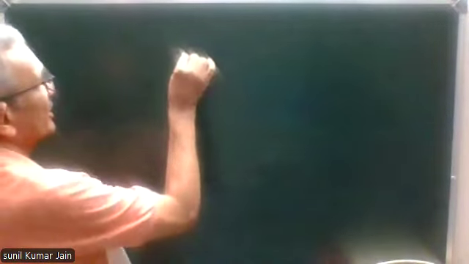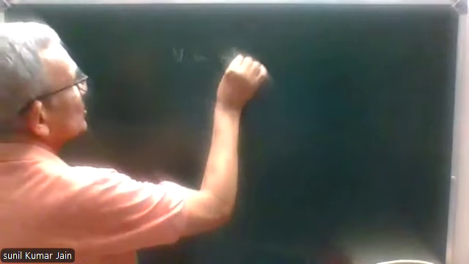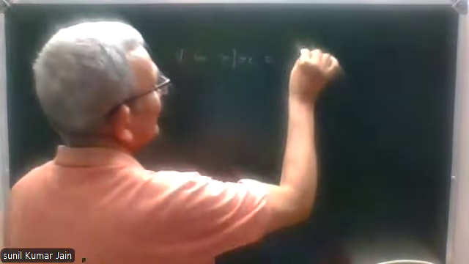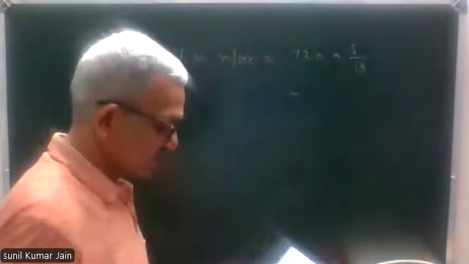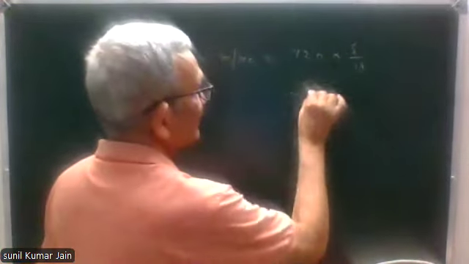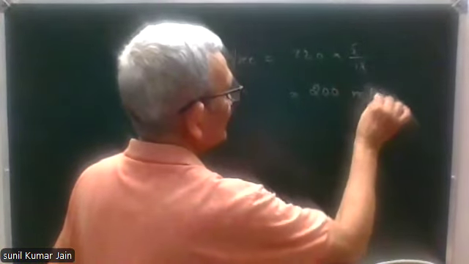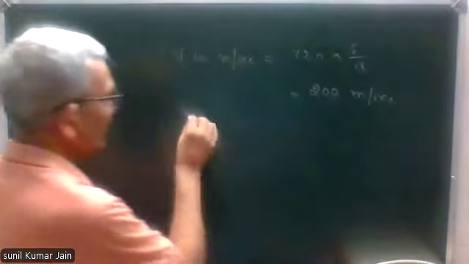We'll have to convert this velocity into meters per second. How do we convert? Multiply by 5 and divide by 18. So velocity in meters per second will be 720 into 5 by 18. This will come out to 200 meters per second.